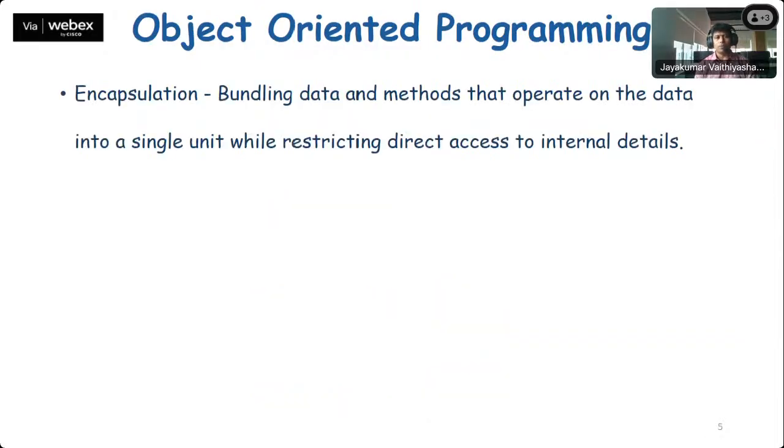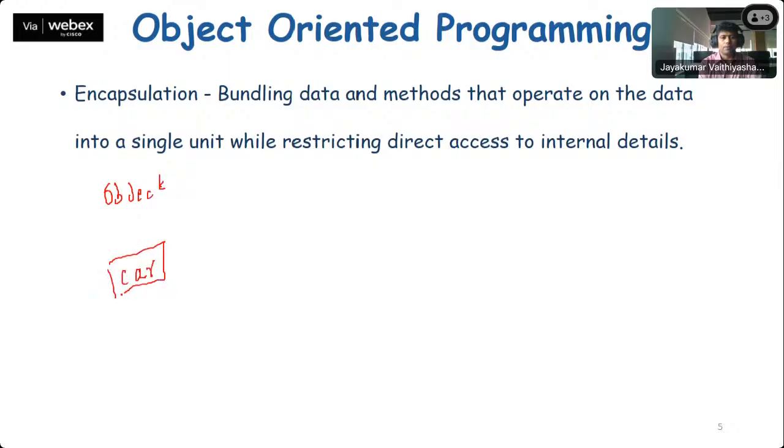The first concept is encapsulation. It is about bundling data and the methods that operate on the data into a single unit while restricting direct access to internal details. Take some real world object, for example a car.